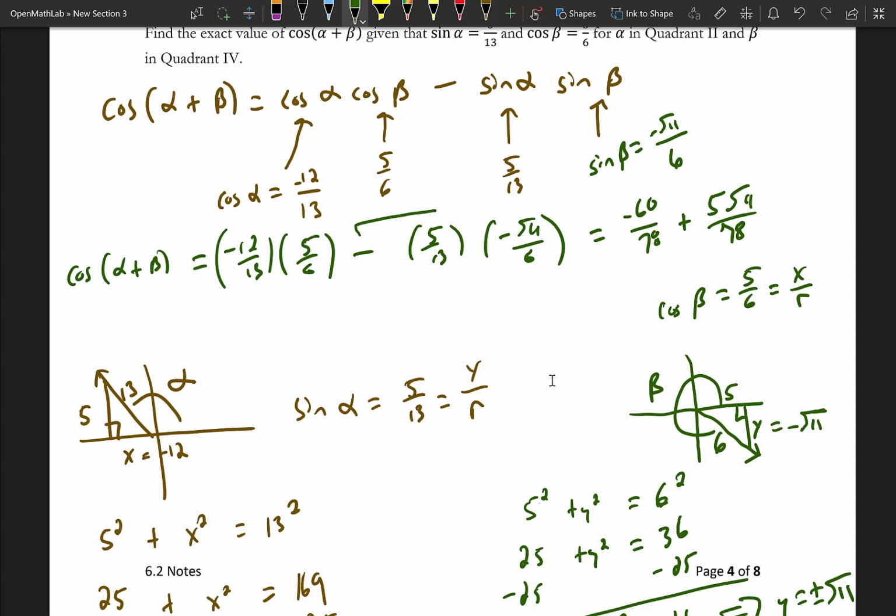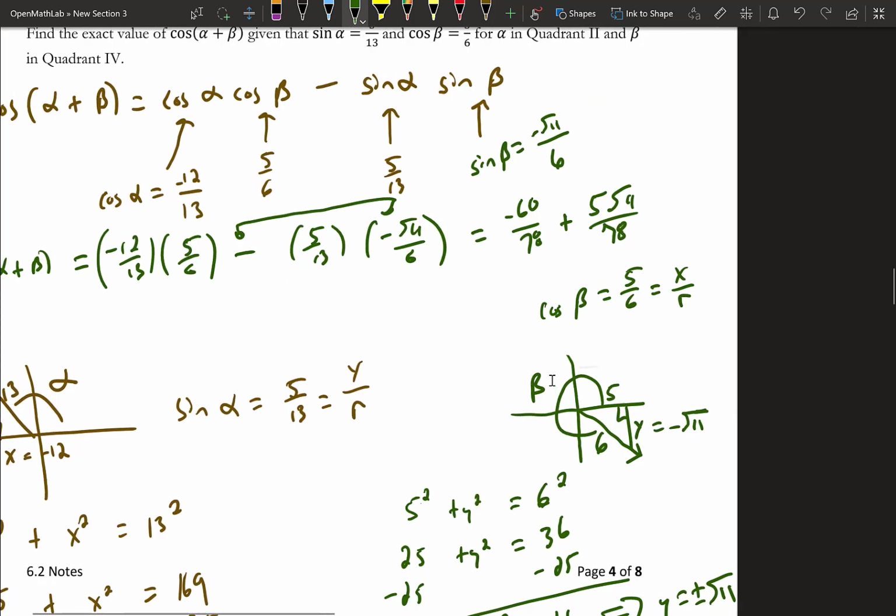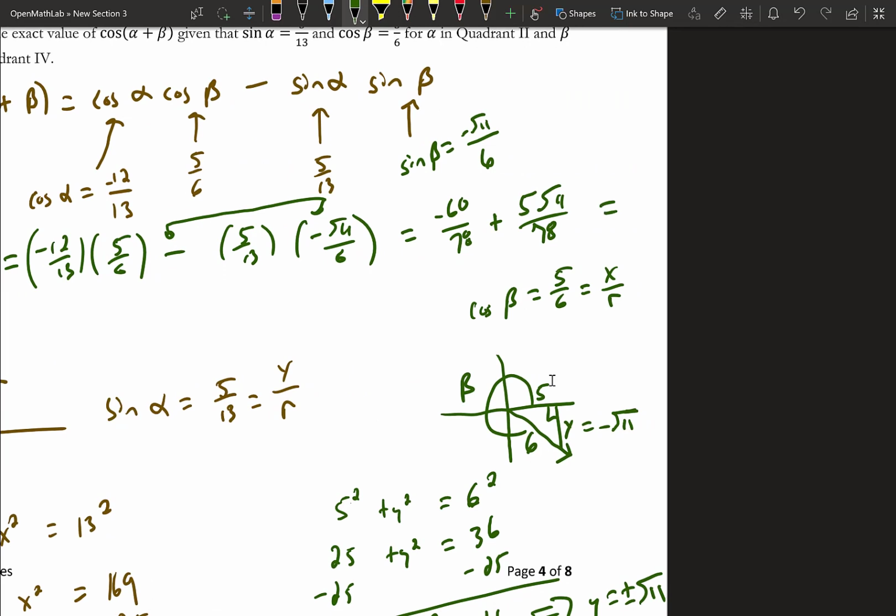This minus and this minus make a plus. We can combine this into one fraction: 5 radical 11 minus 60, all over 78. Right, so that one took some work, but we could think through it.